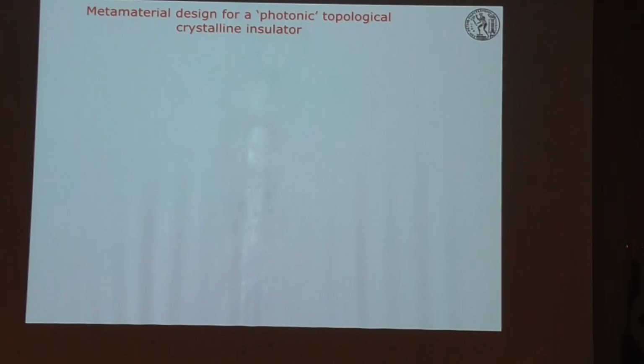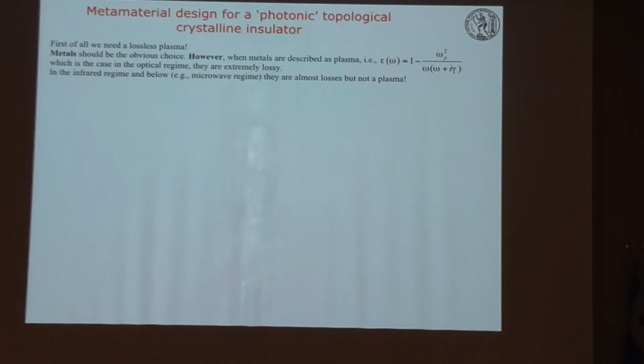So one idea of implementing this in the microwave regime, a topological crystalline insulator, first of all we need to have somehow artificial plasma. Not natural plasma. Natural plasmonic materials are metals, as you know. The electric function obeys this type of behavior.